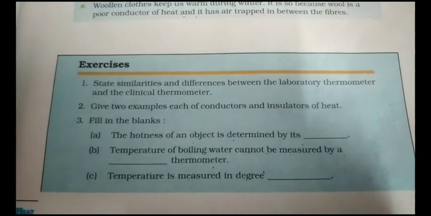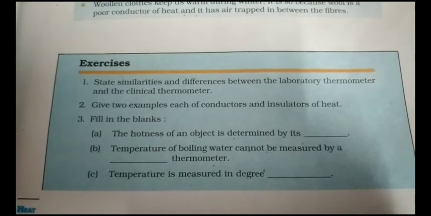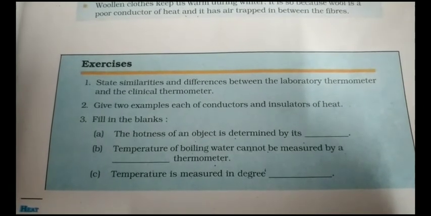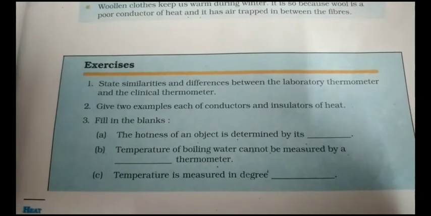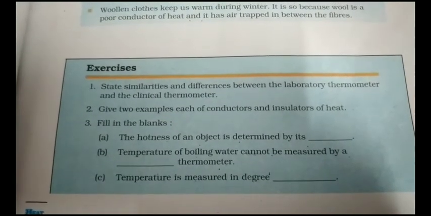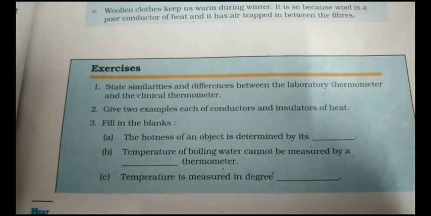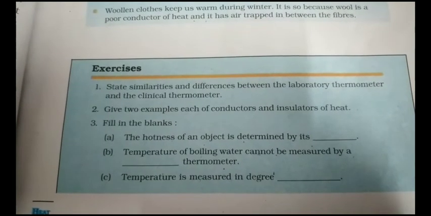So dear students, now all of you open your textbook, page number 45. Exercise. State similarities and differences between the laboratory thermometer and the clinical thermometer. If we talk about the similarities, both are made of glass and consist of a long, narrow glass tube.